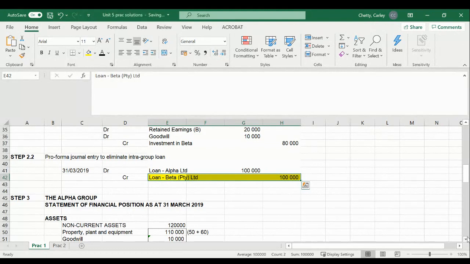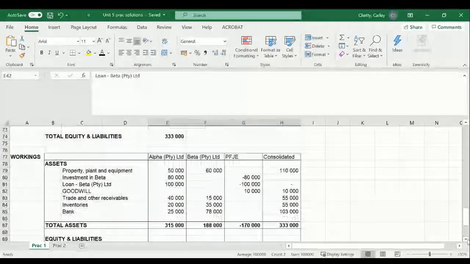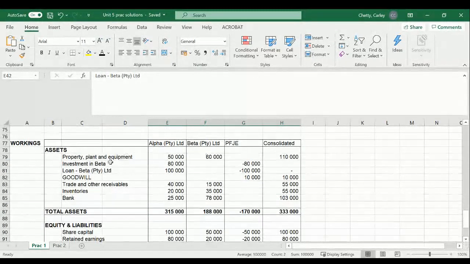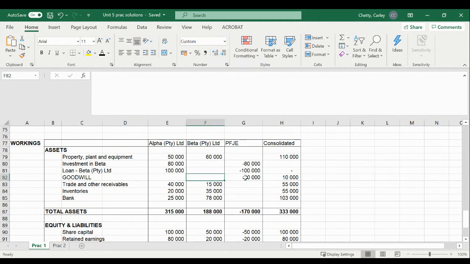Okay. Let's go through the next one. So we have looked at the loan. Now we need to look at goodwill. You will see in Alpha's separate financial statements, there is no goodwill, and in Beta's separate financial statements, there is no goodwill.